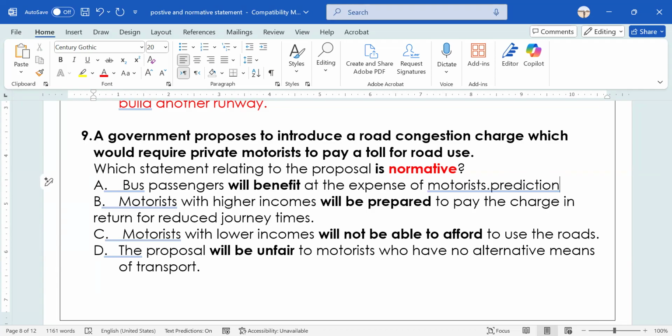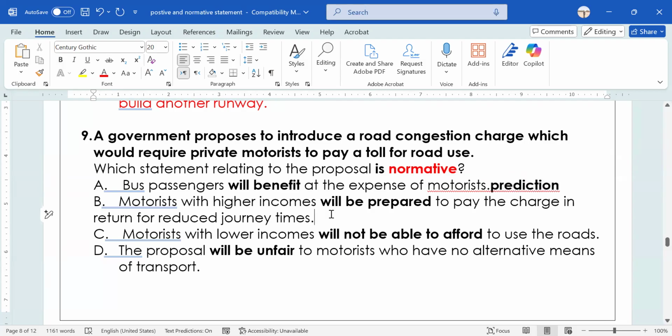Bus passengers will benefit, and who will not benefit? The motorists. And it can be tested by looking at travel times. It can be tested by checking the costs, by the usage of data. So again, this statement is a positive because it will rely on the data.